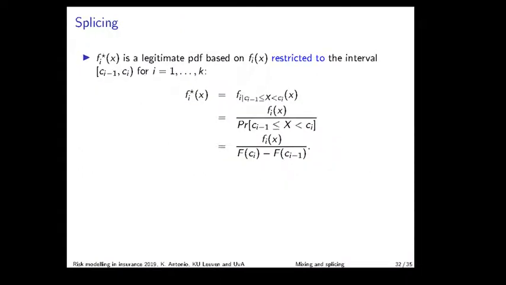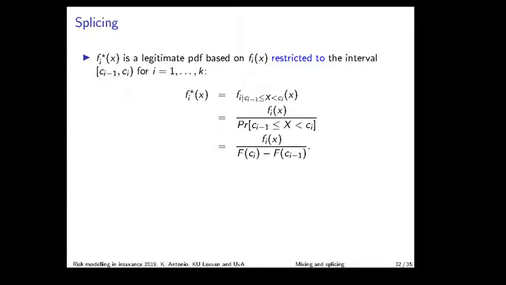Well, the fi star, as said, is a legitimate PDF based on a given probability density function fi, where fi originally had the positive real line as its support, and we obtain fi star by restricting the density fi to the interval c(i-1), ci. So how do you do that? You're going to work with conditioning, and you're going to use the construction as is specified over here.